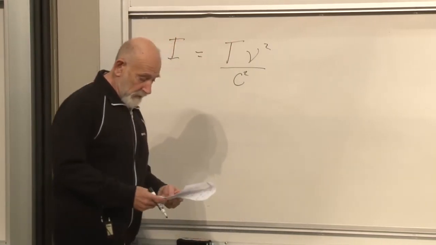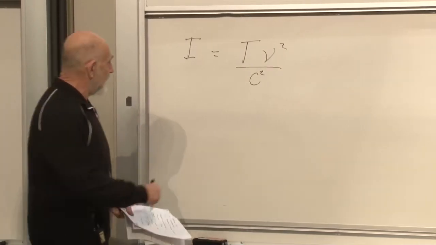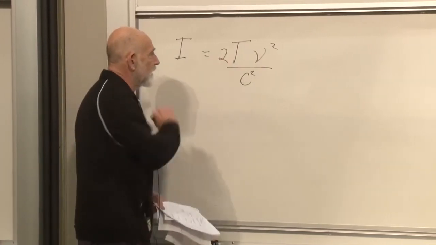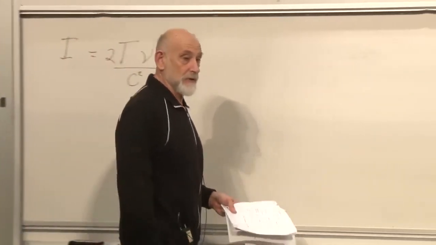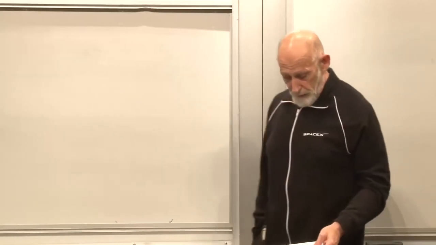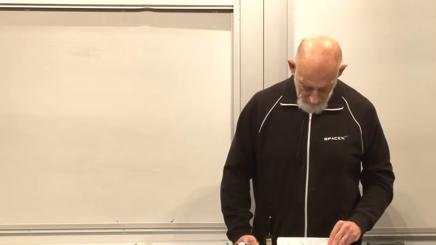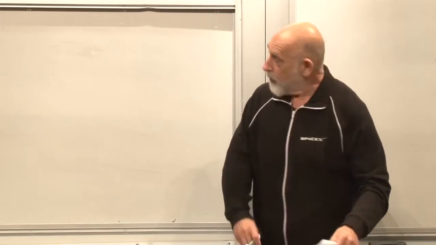Of course, it's not the only formula that has the right units. There can be other formulas, like, for example, twice that. 2 has no units, and in fact, that's basically the right answer: twice the temperature times the frequency squared over the speed of light squared. Oh, not quite.